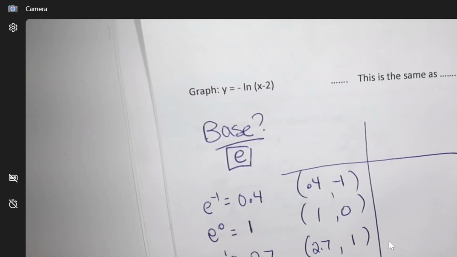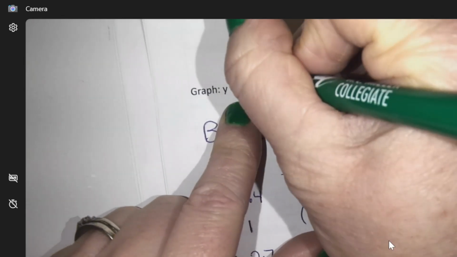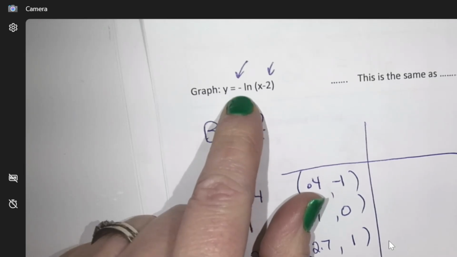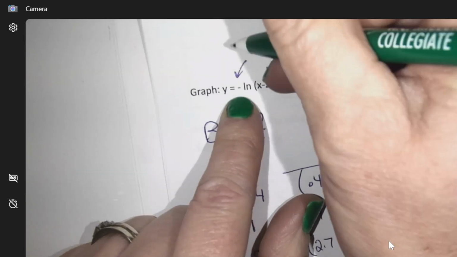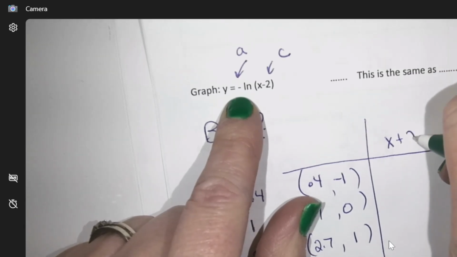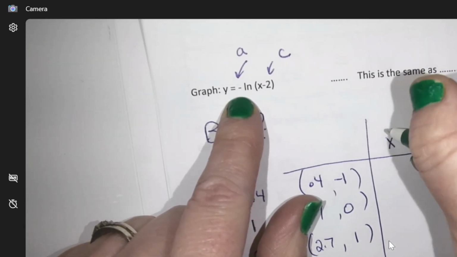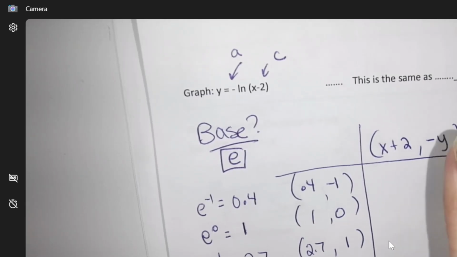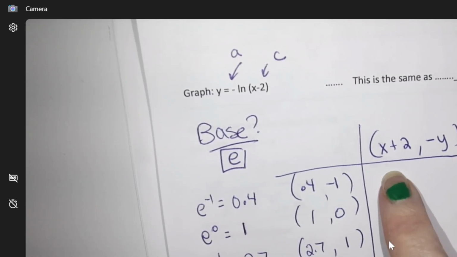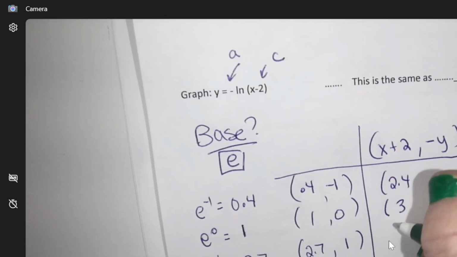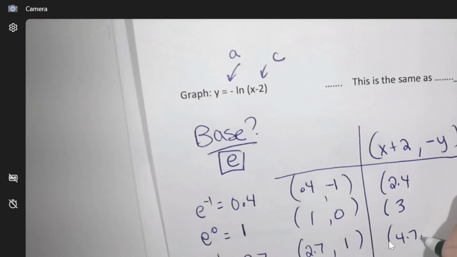Okay. What kind of letters do I have? A and C. So 2.4, 3, and 4.7.